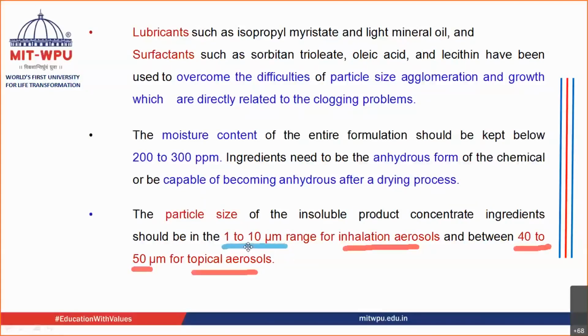Because in case of inhalation aerosols, the particle has to travel from the mouth up to the lungs. So this travel should be facilitated. If the particle size is larger, then the particles, due to gravity, are going to fall nearby only. Maybe they may get deposited in the throat if the particle size is very high.